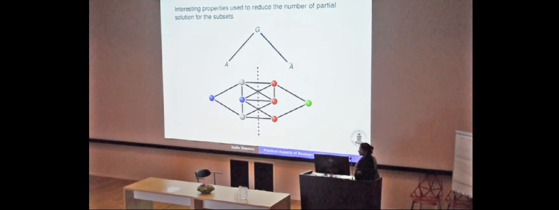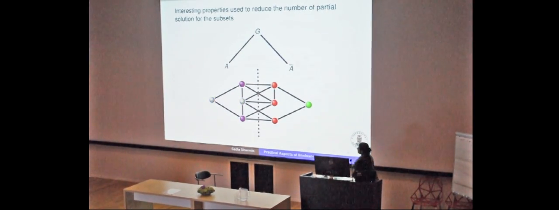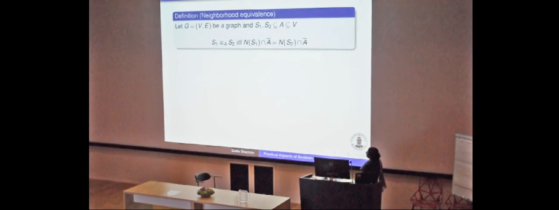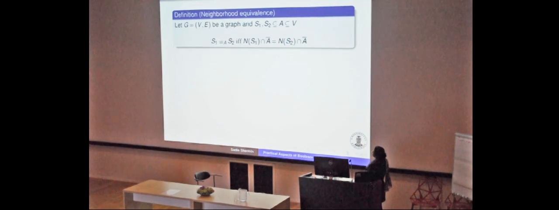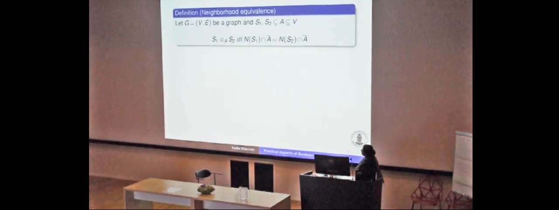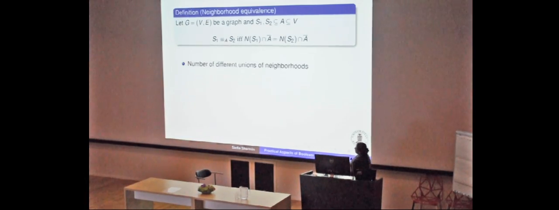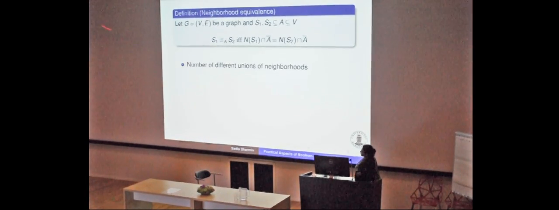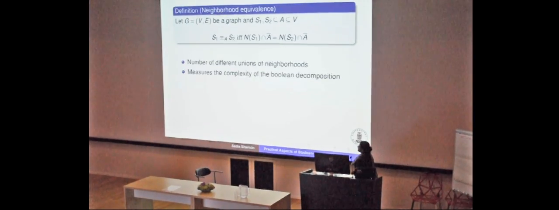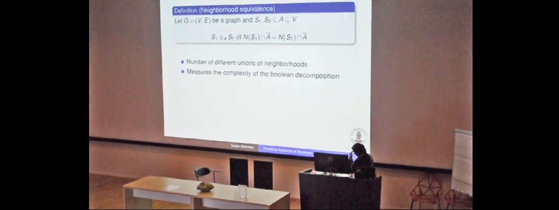So this leads to the notion of equivalence, the neighborhood equivalence. Two sets are neighborhood equivalent if their neighborhoods on the other side are equal. And we can compute the number of different unions of neighborhoods that can occur for the cut of the decomposition tree. This measures the complexity, or quantifies the Boolean decomposition.